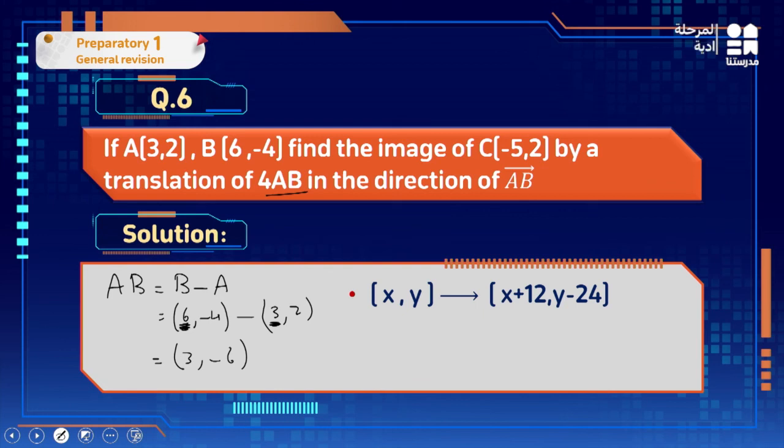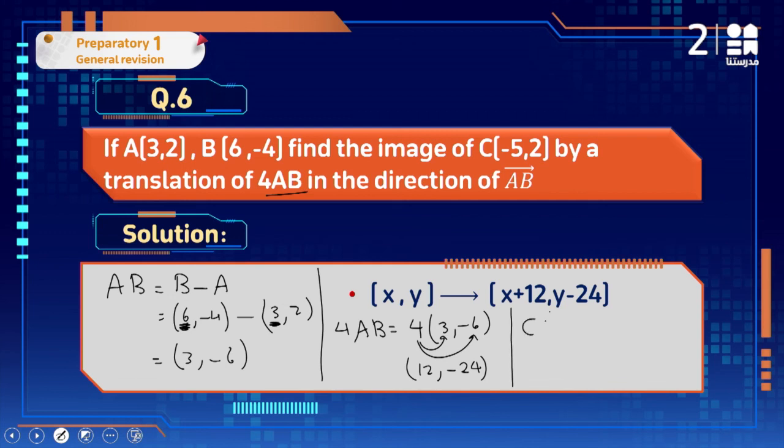Then, if I say 4AB, that means multiply 4 times what you got here, which is (3, negative 6). Then distribute it. It is 4 times 3, which is 12, and 4 times negative 6, which is negative 24. So any point (x, y) will go to (x plus 12, y minus 24). What about C now?